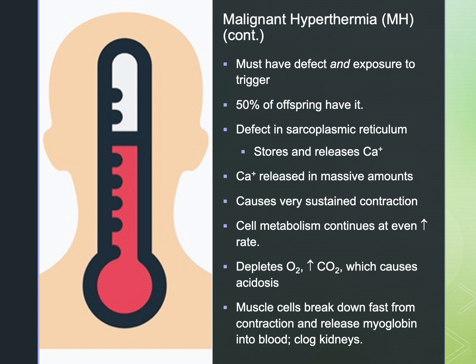So there's a depletion of oxygen, which means an increase in carbon dioxide, which is going to cause acidosis. That's a too acidic blood pH, and muscle cells are going to break down. And the breakdown of the muscle cell is going to release potassium and myoglobin, which is a muscle protein, as well as creatine kinase. And this is going to lead to a clogging of the kidneys. So in this whole matter, we're also worried about the kidneys as well.